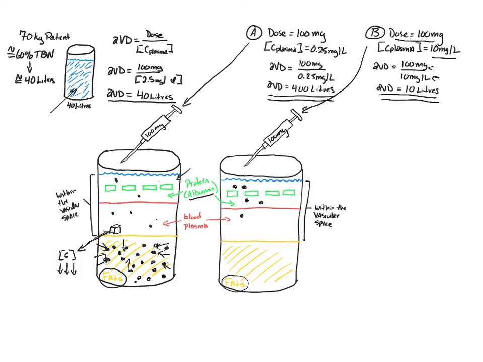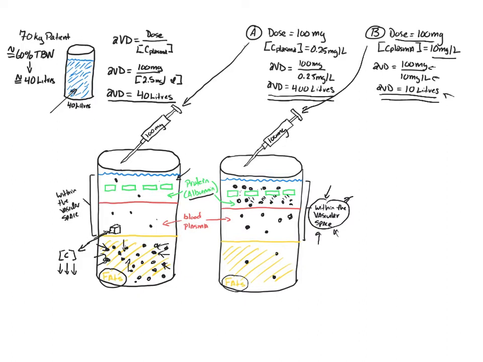All right, the lower the value gets here, the more protein binding we get. The more attracted it is to the proteins, to the albumin, for example. So it gets sequestered within the vascular compartment. We get a little bit of it in the fat, but it remains highly sequestered within the vascular compartment.